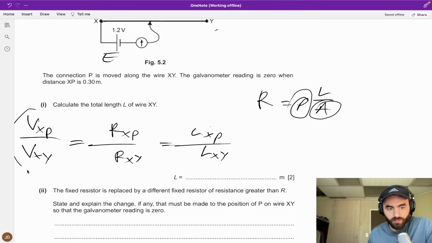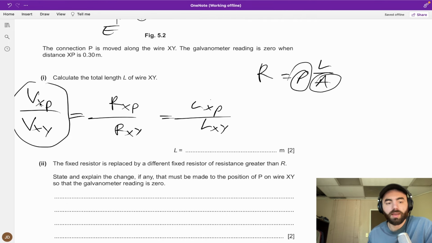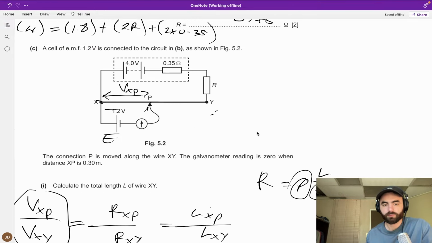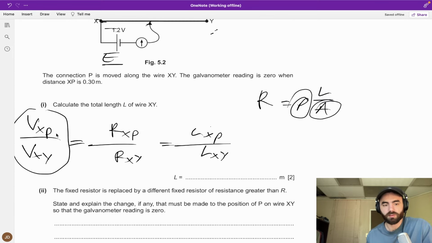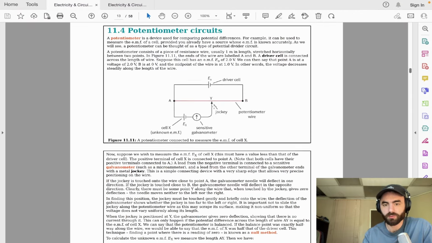So the ratio of the potential differences between XP and XY is going to equal this. So then we can figure it out. But basically when this is 0, this means that this is equal to this. And so therefore this is going to equal 1.2. For more information on that, just read this.